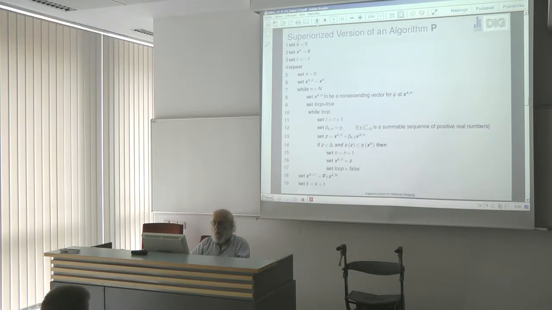If you want to produce the output, you put in an extra line between 3 and 4 and say, instead of saying repeat, you say while the proximity of xk is greater than or equal to epsilon.